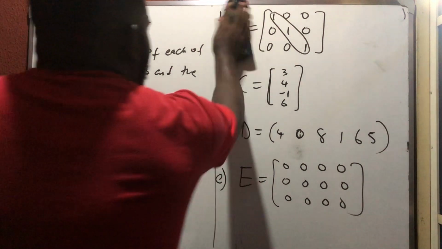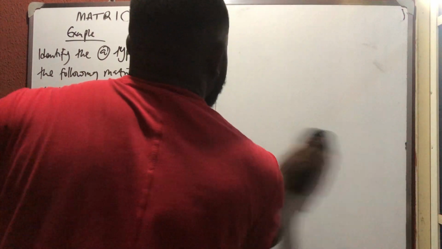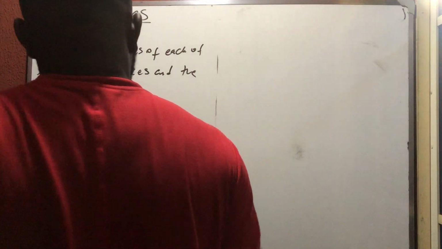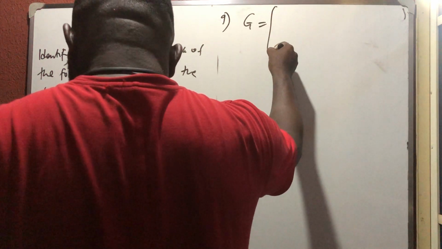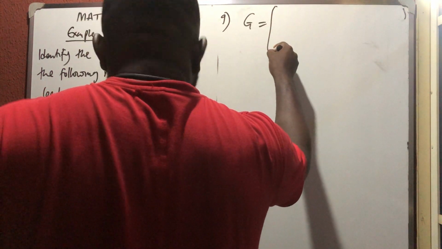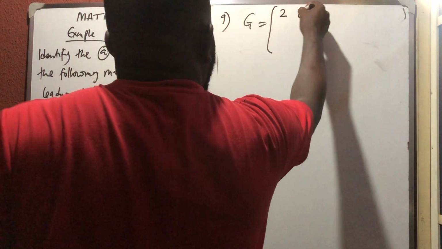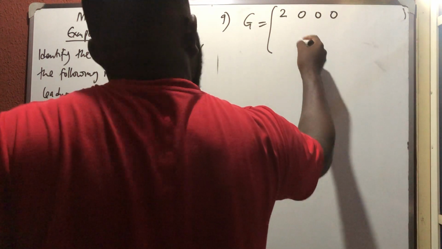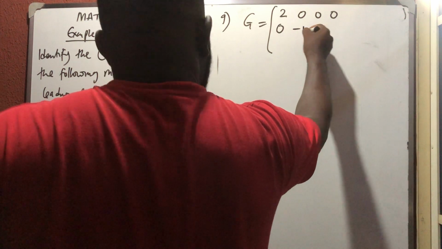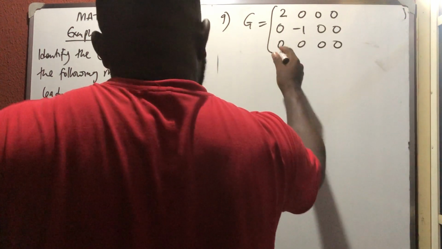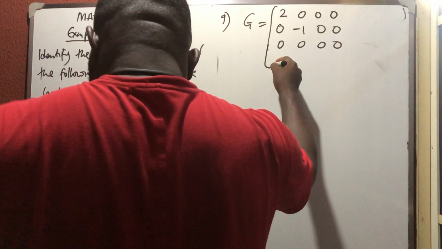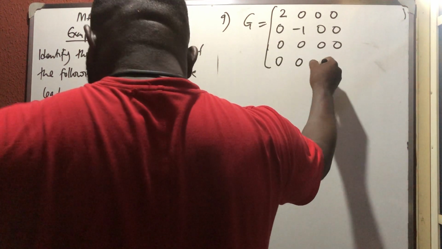So the next one we'll look at is G. G is equal to 2 1 2 3, 0 minus 1 1 2, 0 0 0 0, and 0 0 0 6.